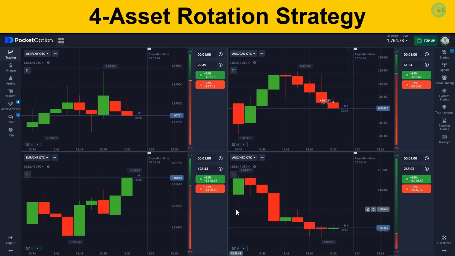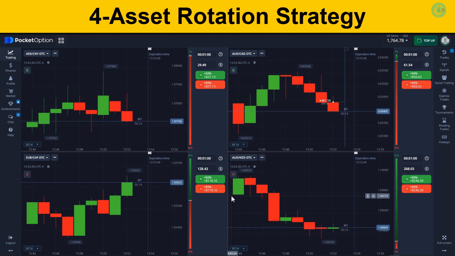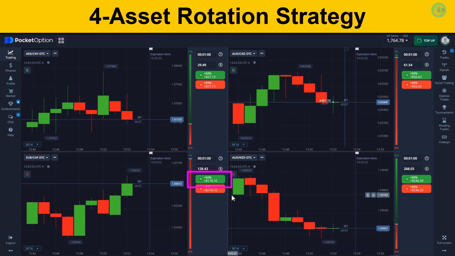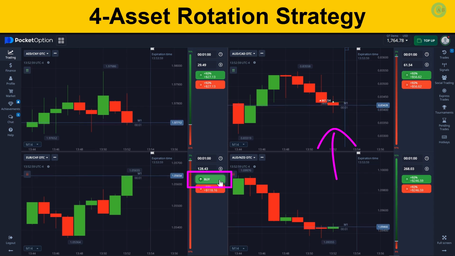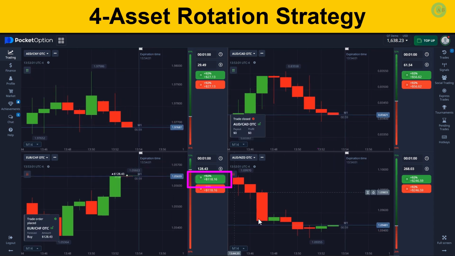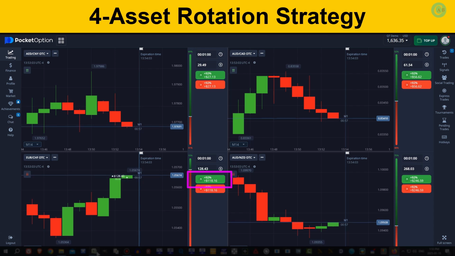About 15 seconds to the candle closing time, my mouse has to be over buy option on the third chart to be ready to enter the trade if I lose the current one. The current candle on the second chart is likely gonna close with the red color, so I'm gonna enter the third trade with buy option on the third chart.